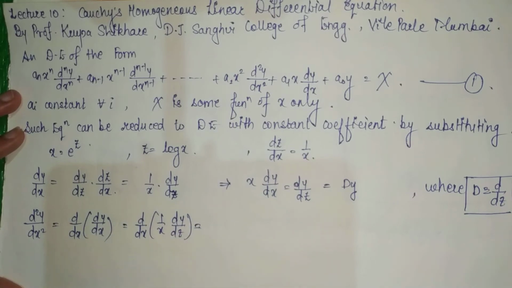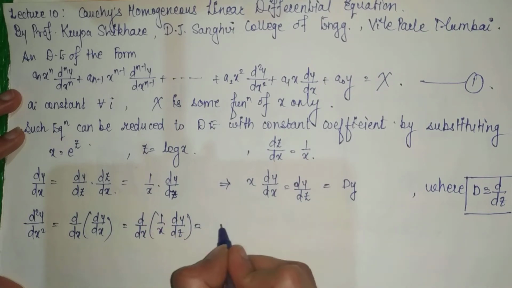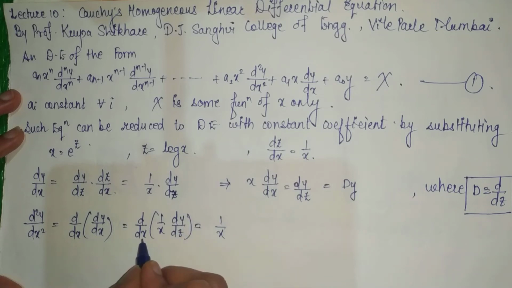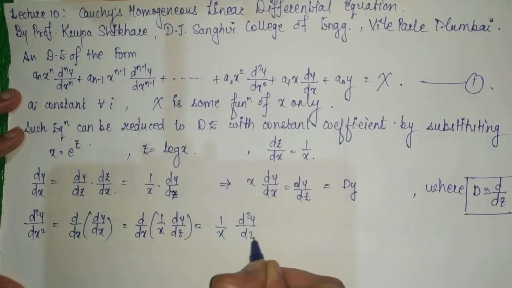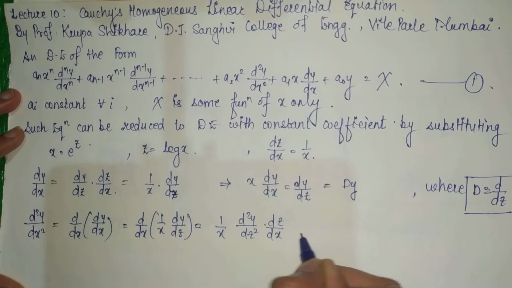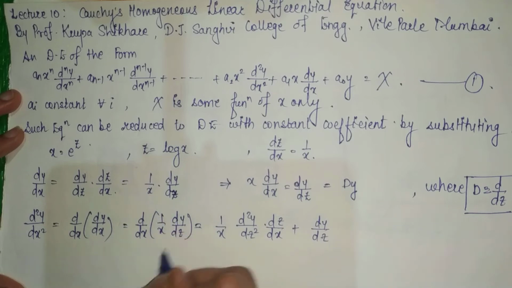So we get 1 by x into the derivative of this with respect to x. Again we are going to use the chain rule: d^2 y by dz^2 into dz by dx plus dy by dz as it is, and we are going to differentiate 1 by x.